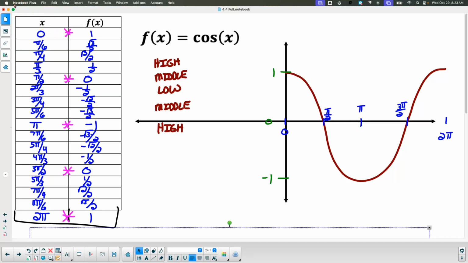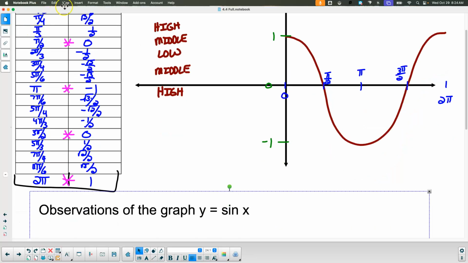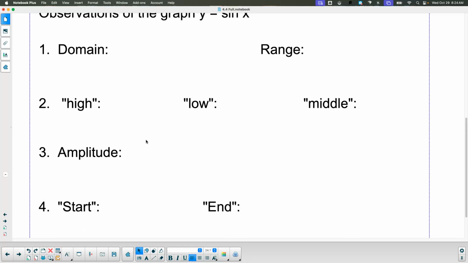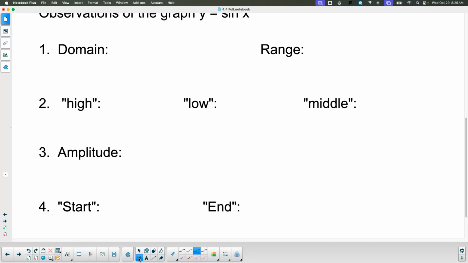Give you a chance to get that written down. Observations of cosine, then. Okay, so you have it on yours. Domain: it's going to be all reals.